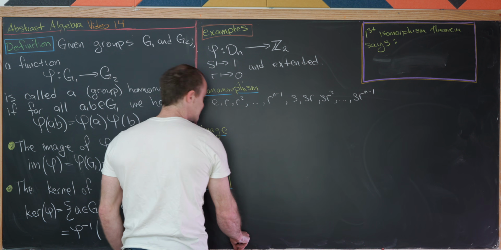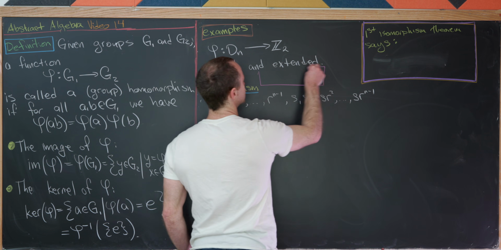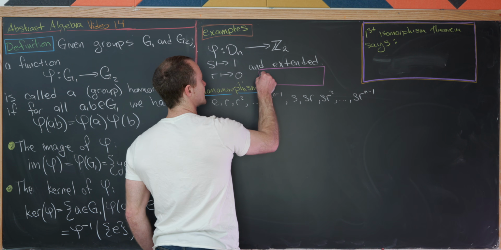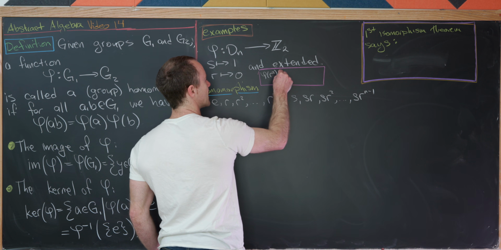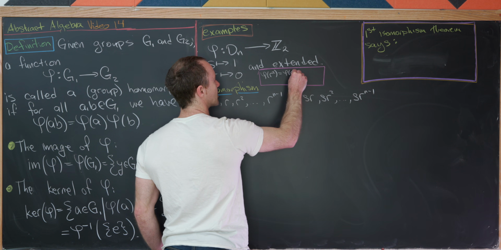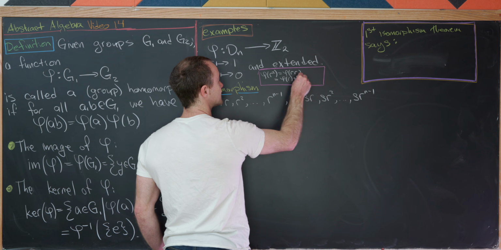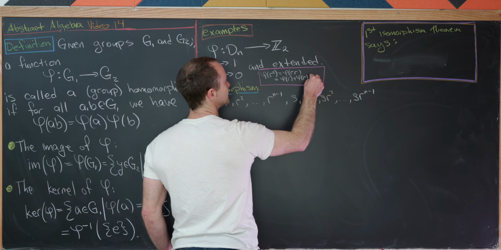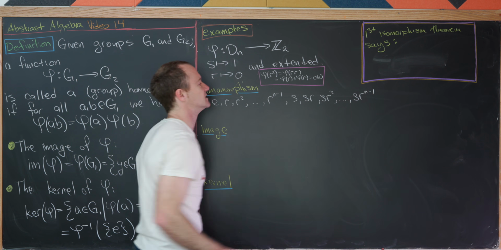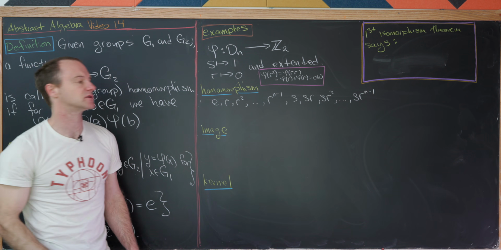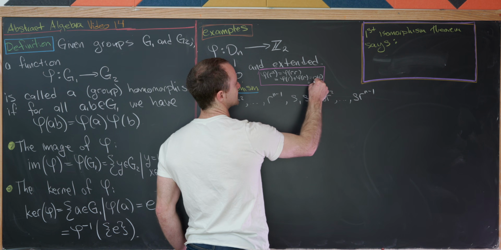For instance, via a simple calculation, we should have phi of r squared equal to phi of r times r, which is the same thing as phi of r plus phi of r, which is equal to 0 plus 0. But that's equal to 0, sort of obviously.